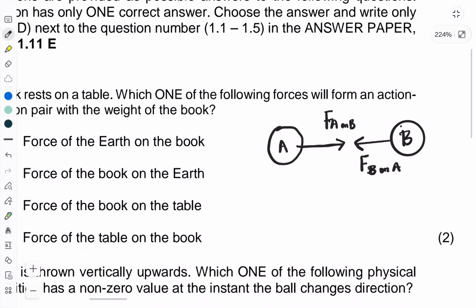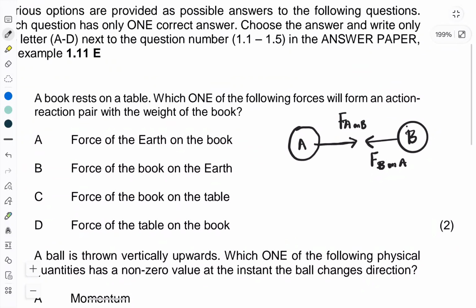So we're looking for a situation like that here. This book rests on a table, and we are asked which one of these forces from A to D will form an action-reaction pair with the weight of the book. Let's start here. The weight of the book is the Earth exerting a gravitational force on the book.